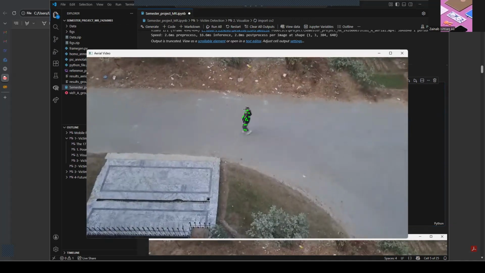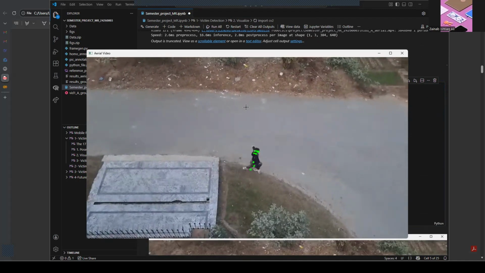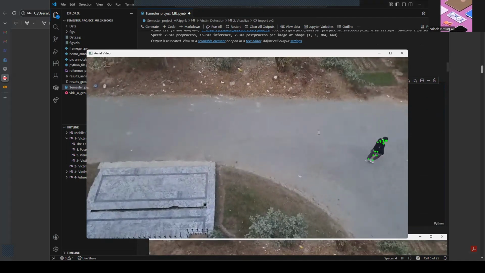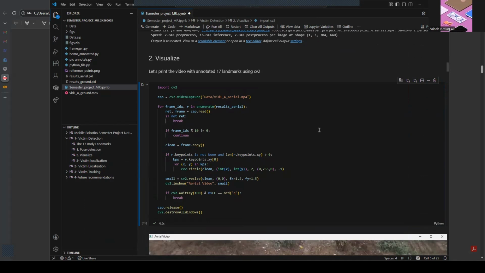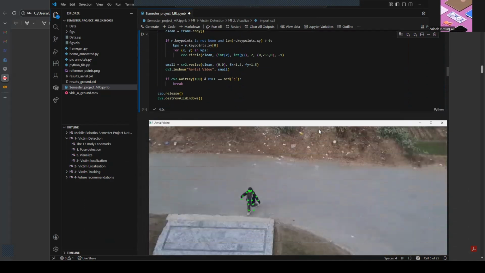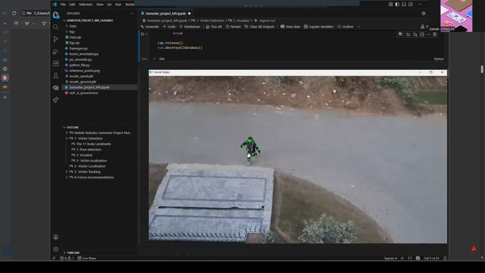All right, so here I have a video of a person that is being detected. She goes around in a circle, and the 17 landmarks are shown in the green dots. You can see that her left leg is not being detected properly, and it just puts the green landmark in place where her leg was supposed to be.